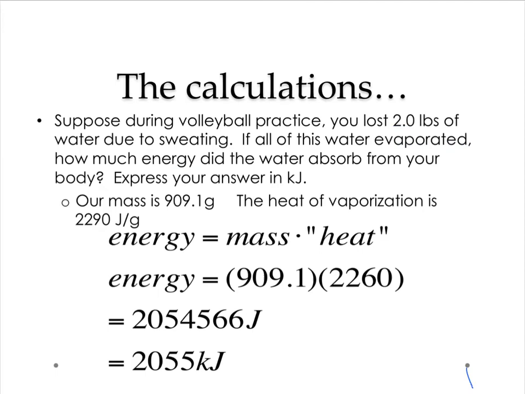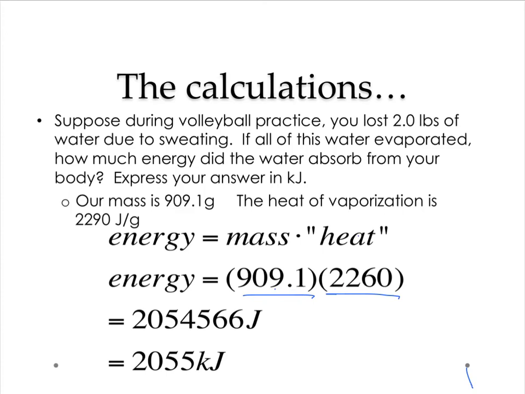If we go and do our calculations with this, we have the energy equals mass times heat. So we put our mass in as 909.1 grams, and then we have our heat, which is joules per gram. We get a very large number of 2,054,566 joules. Convert that into kilojoules, we get 2,055 kilojoules would be our answer.